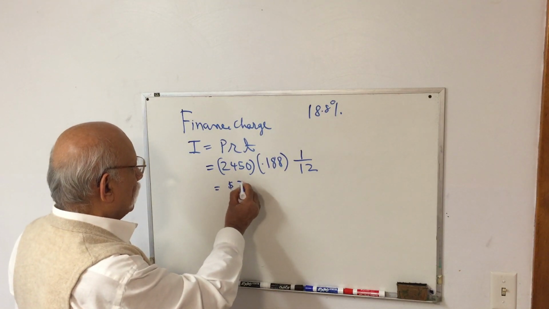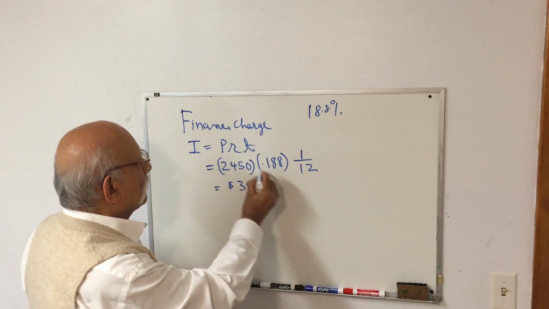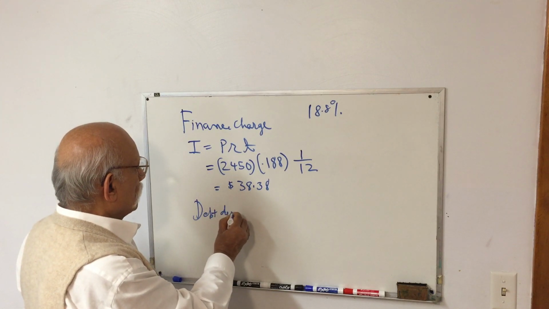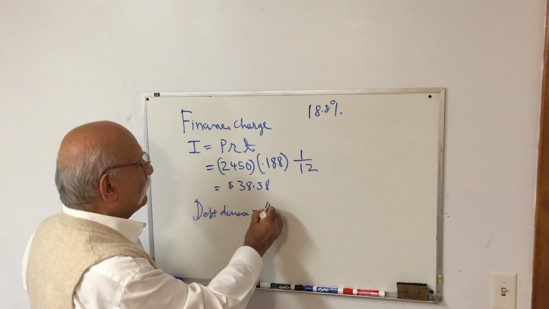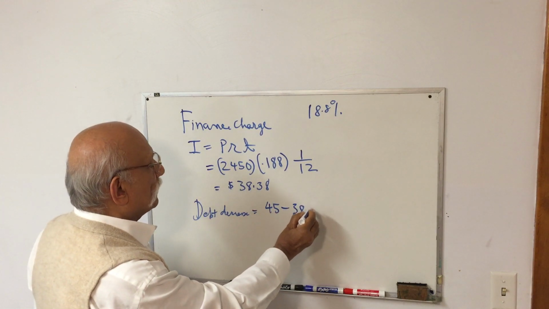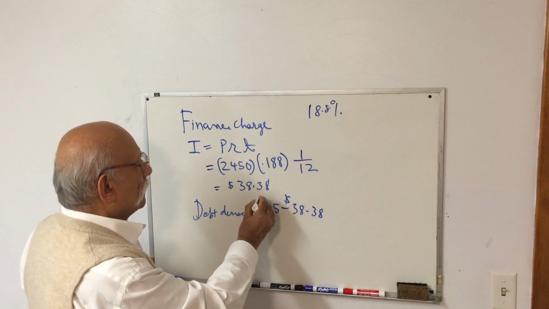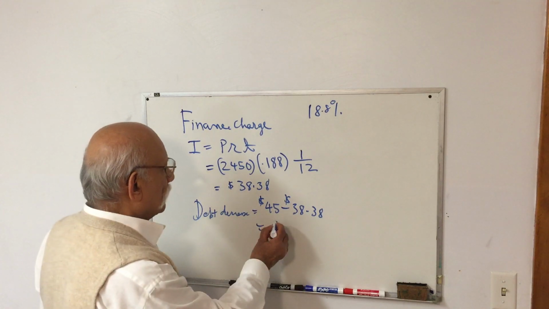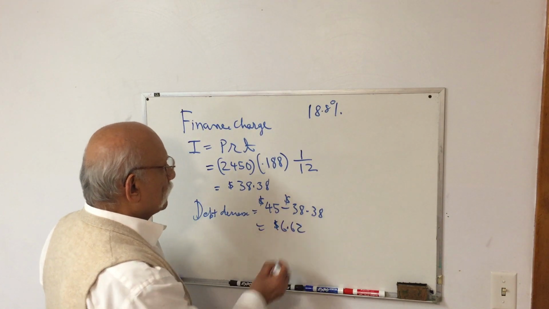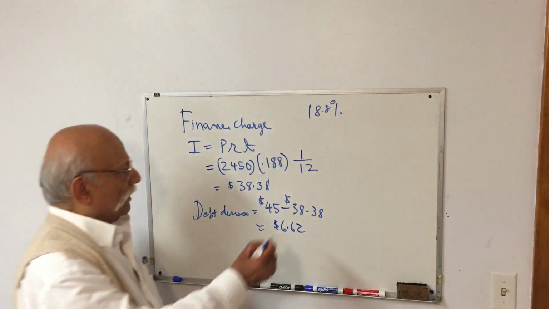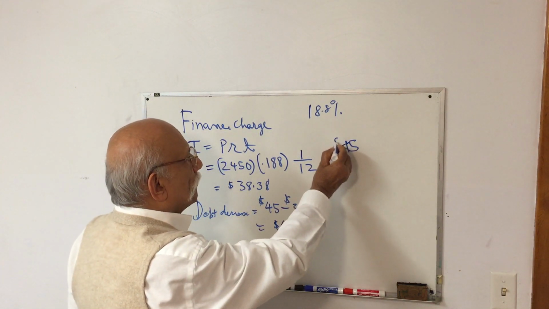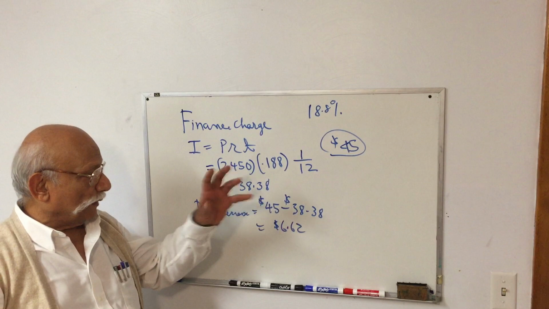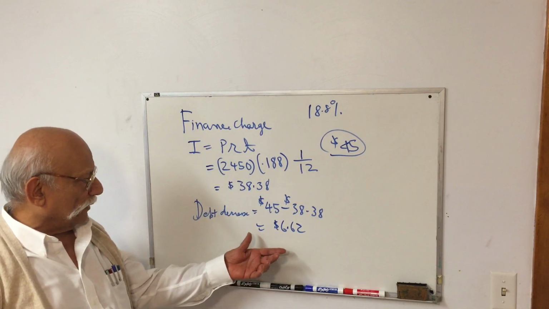Okay, so it will be $38.38, and therefore your debt decrease will be $45 minus 38.38, which is equal to about $6.62. So you can understand when you send the $45 minimum monthly payment, most of the money, 38, went for finance charge, and this will be your debt decrease.